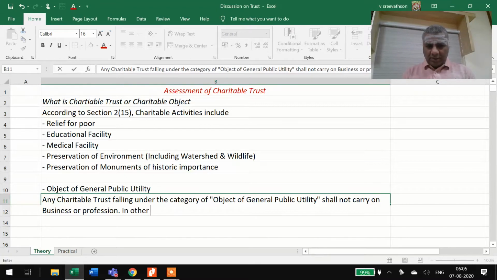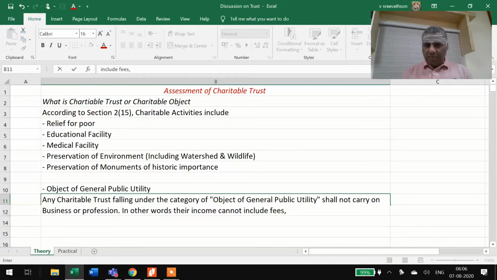In other words, their income cannot include fees or other business receipts.